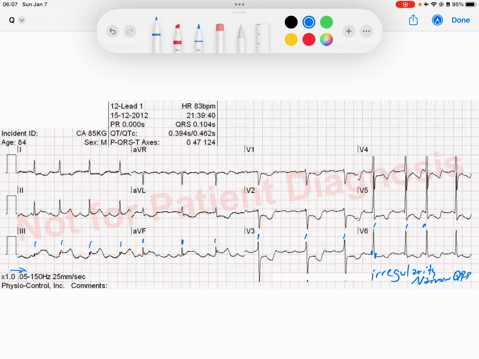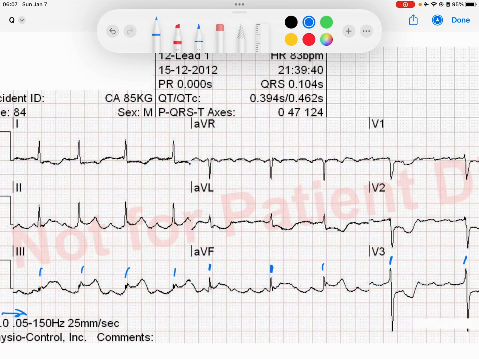When I look up to try to find some P waves, I see maybe here in lead 2 what appear to be some P waves before QRSs. Here, when I look over here, I see like 2 P waves, and that doesn't make any sense.